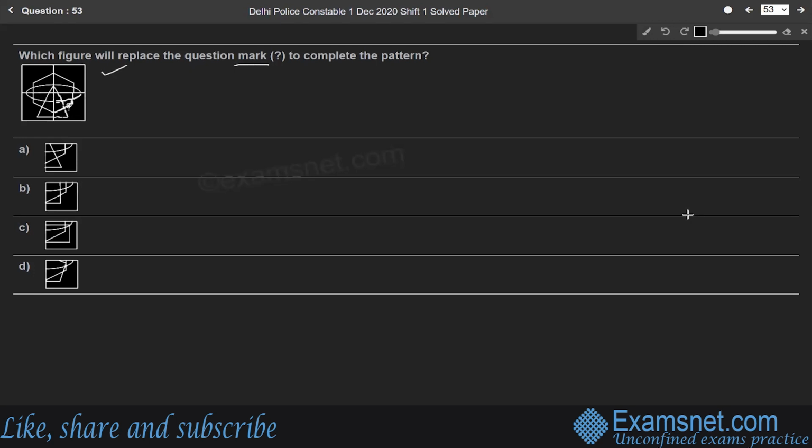Right? Therefore, figure A will replace the question mark like this. So this part will complete the hexagonal part and this part will complete the oval shape, whereas this part will complete the rectangular or triangular part.